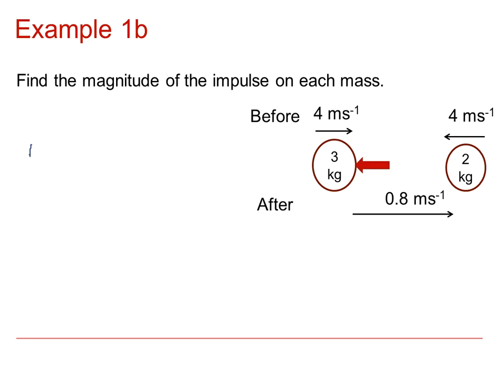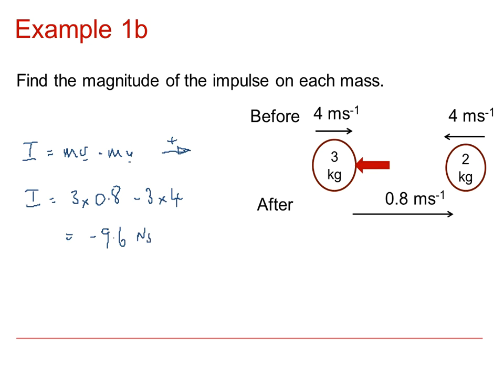We know that impulse is change in momentum, so the impulse is mv minus mu, and if we take its initial direction as the positive direction, we have that the impulse is equal to mv, which is 3 multiplied by 0.8, the final velocity, and then minus 3 multiplied by 4, the initial velocity, and that gives us negative 9.6 Newton seconds.